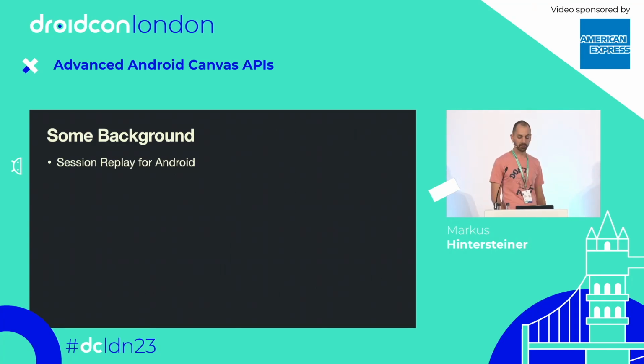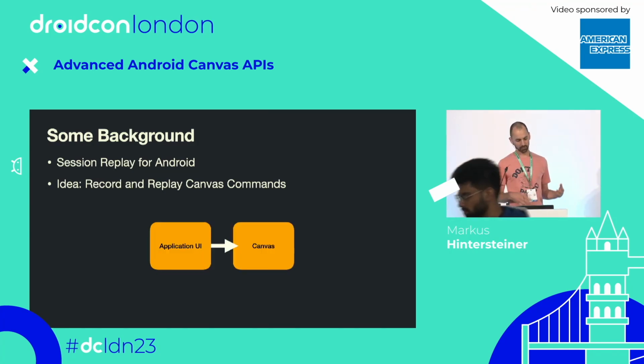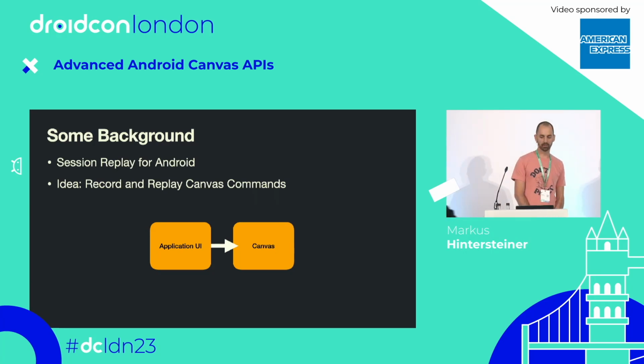We had this idea of doing the same thing for Android. The first approach we took was a few months ago, and the goal was to record and replay all the different Canvas commands. In your traditional application UI, whether it's written using layout XML files, Jetpack Compose, or even React Native on Android, at some point you would use the Canvas API to draw your lines and shapes onto the canvas.